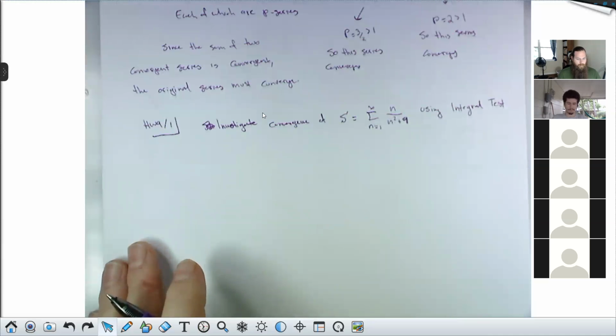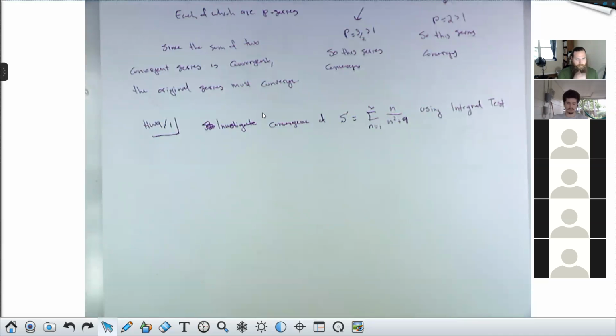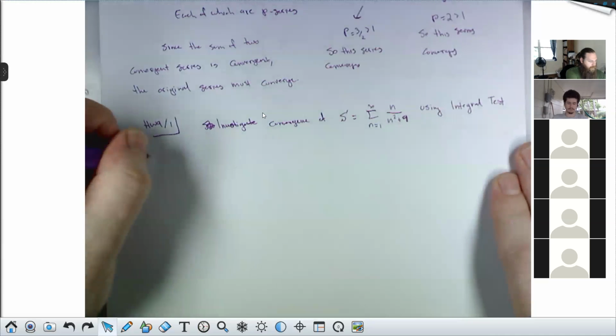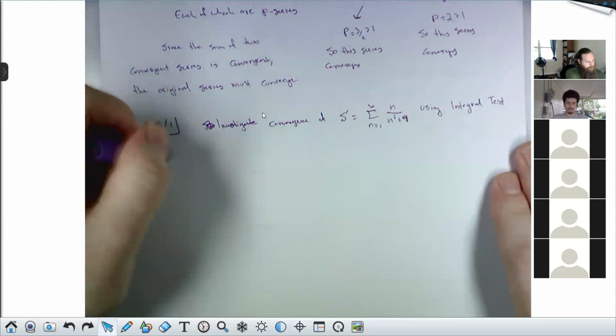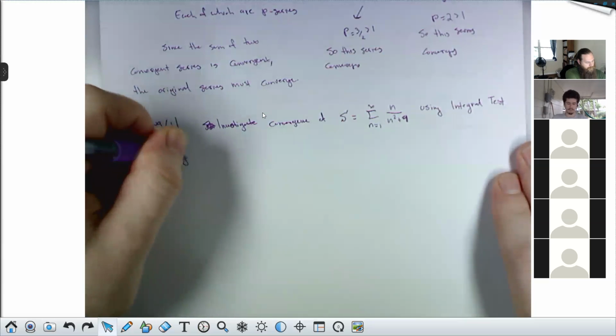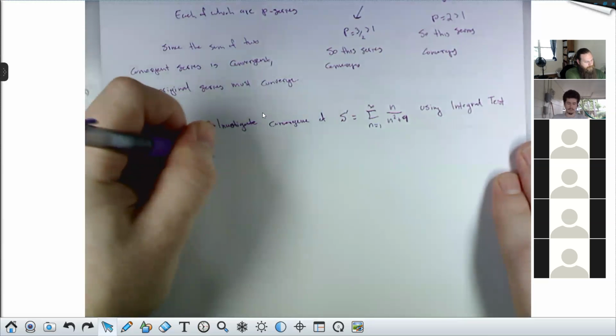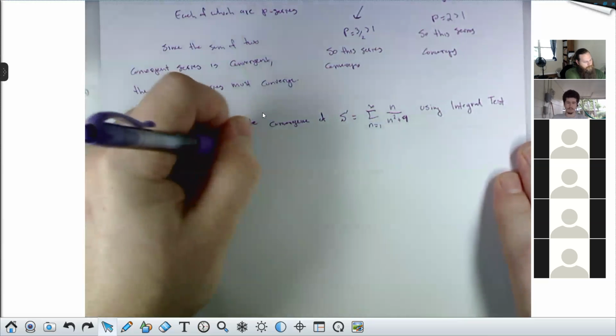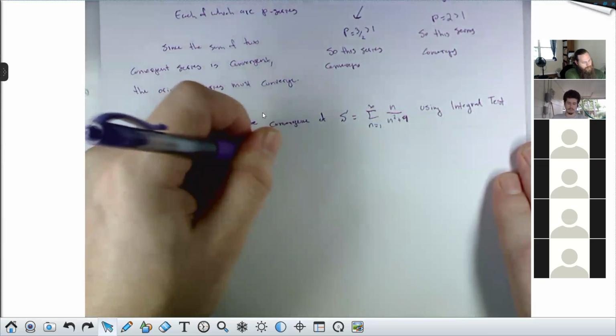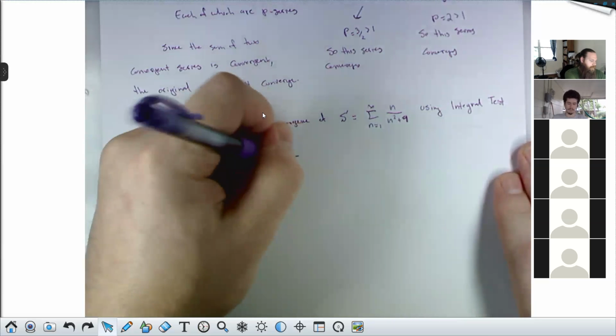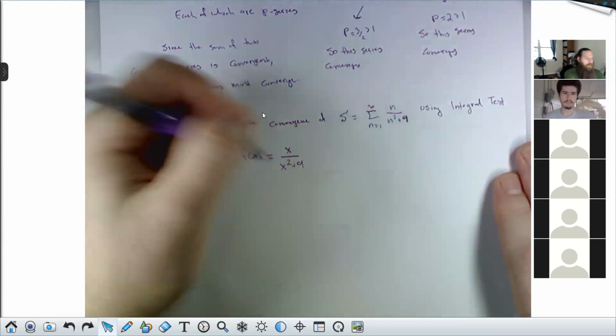So indeed here we need to check and see that this satisfies the hypotheses of the integral test. The function f of x here is going to be x over x squared plus 9.